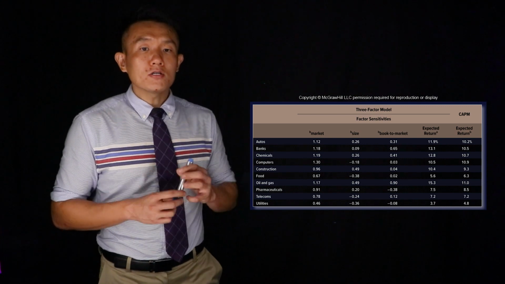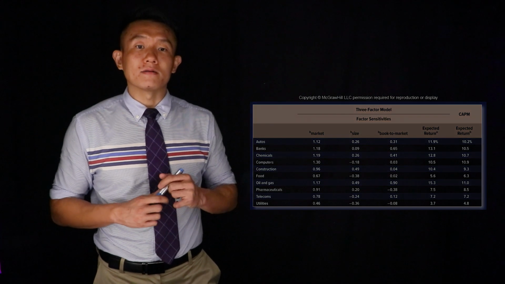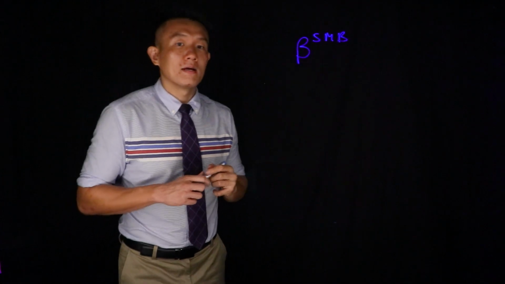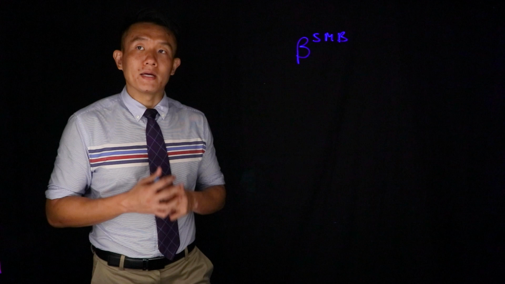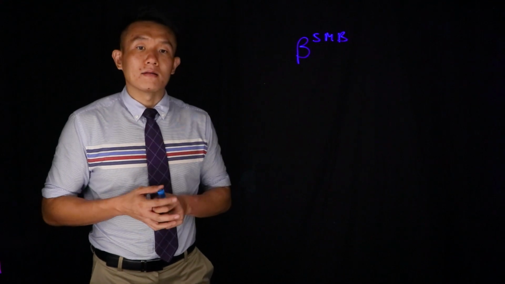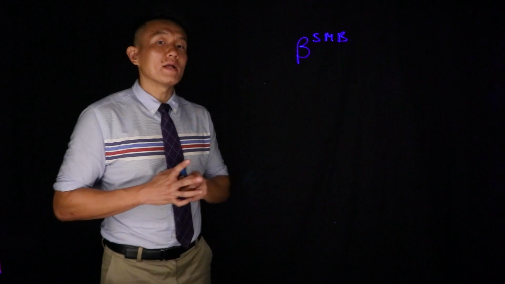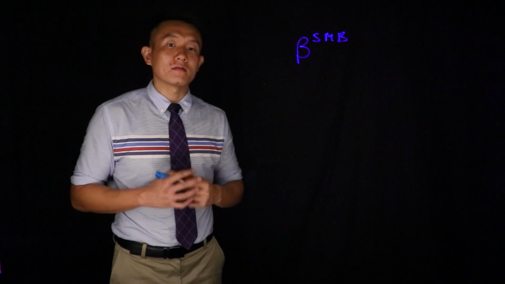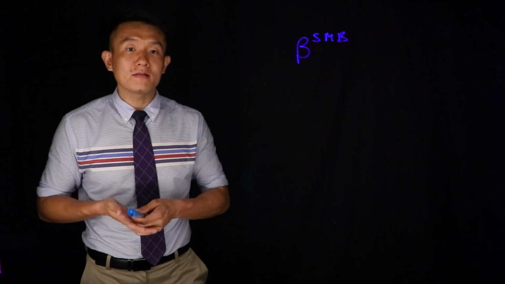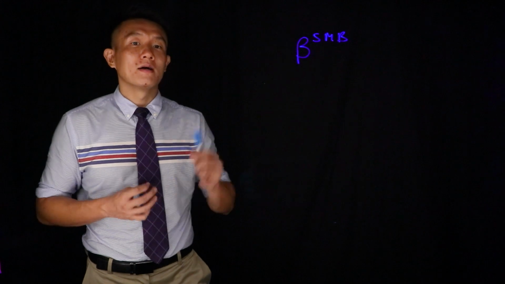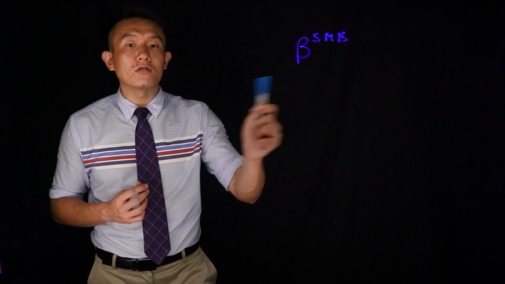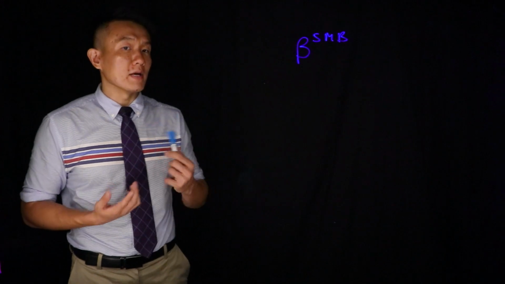So just because a particular company or a particular sector may have a high SMB beta, this doesn't necessarily mean that the company has to have a small market cap or that the sector is composed generally of companies with a small market cap. What it means is that whatever types of risks small companies tend to face that investors want compensation for, the companies in this sector also face those risks, whether they be big or small.